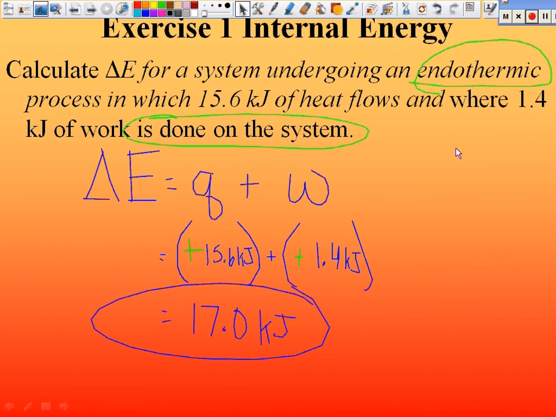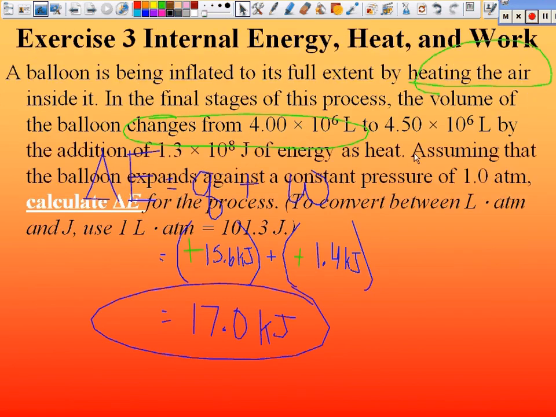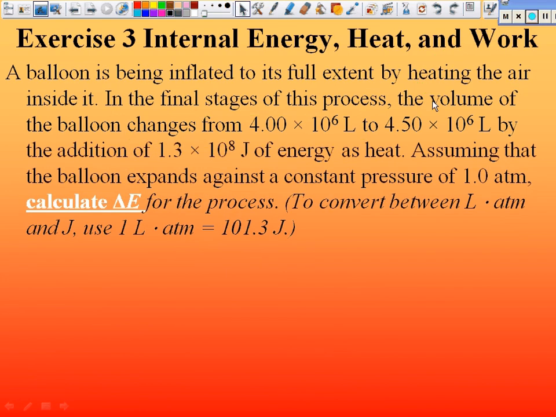This is probably the hardest one. See if you can calculate this one. This is exercise 3. Read it in your head.